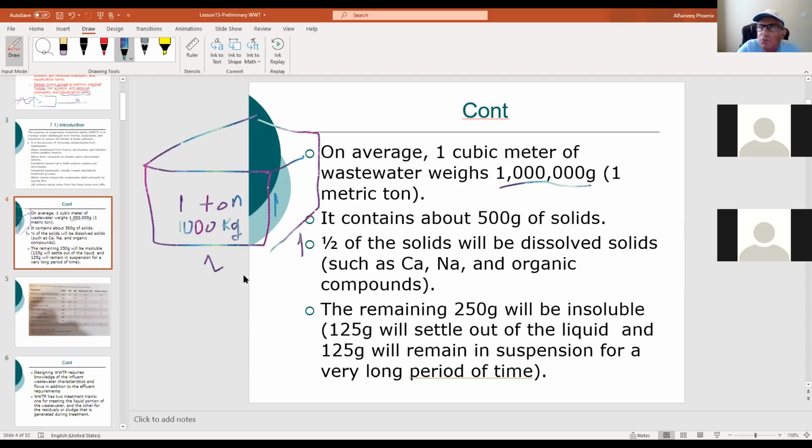Okay, same as water. Now, inside this 1,000 kilos, you have about 0.5 kilos of solids. That's it. In other words, most of the wastewater is water. And this is where we get that old wisdom: wasting water is such a waste. Why do you have to waste water? Almost all of it is water.